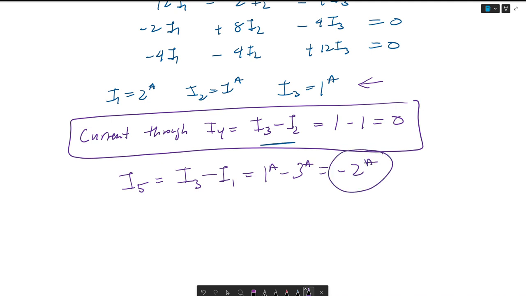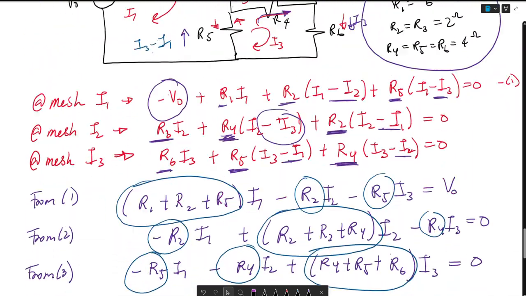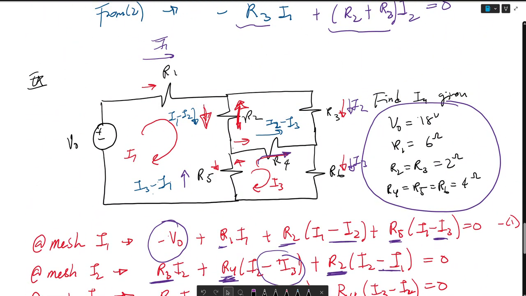This just means that my guess was wrong. This is actually I1 minus I3. Or another way to look at it is that the current I1 is more dominant. So essentially the current going in this direction is 2 amps.